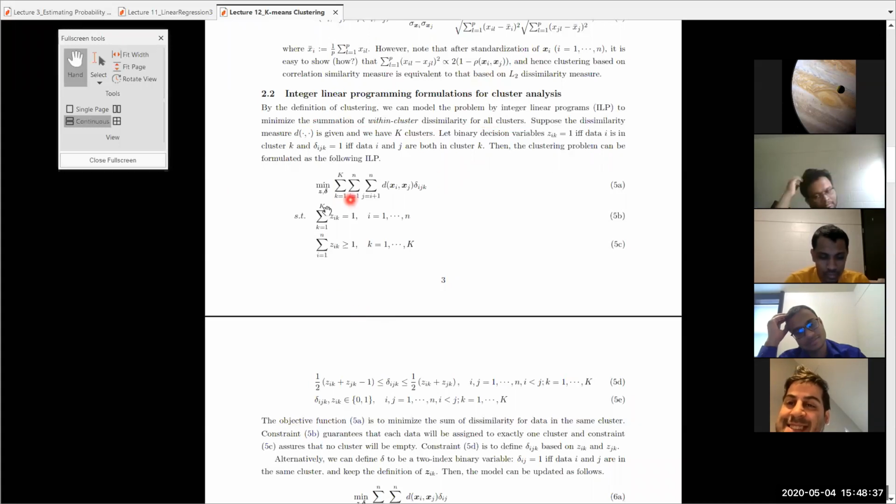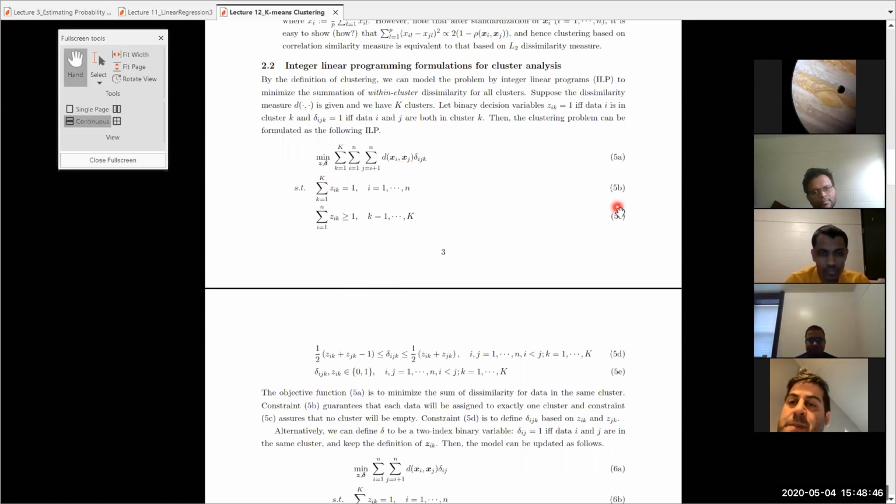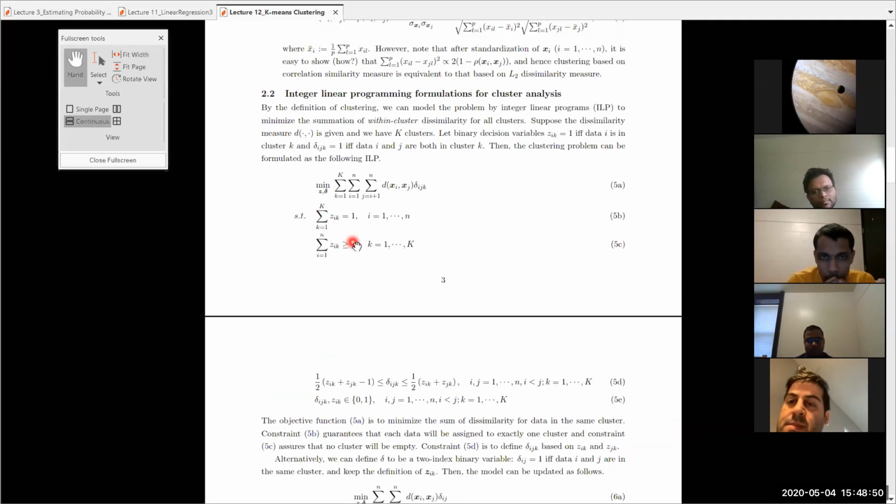So the objective function is to count the dissimilarity for each cluster. Constraint 5b means that each data must be assigned to one cluster.